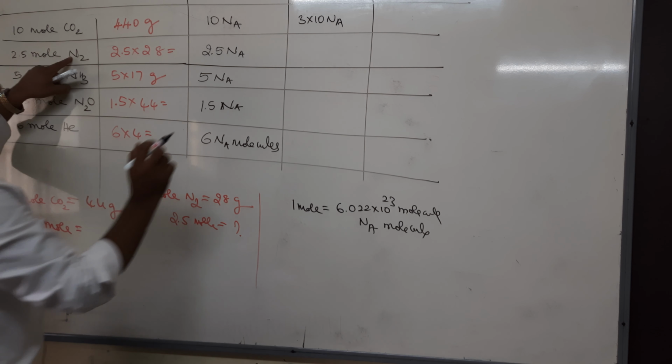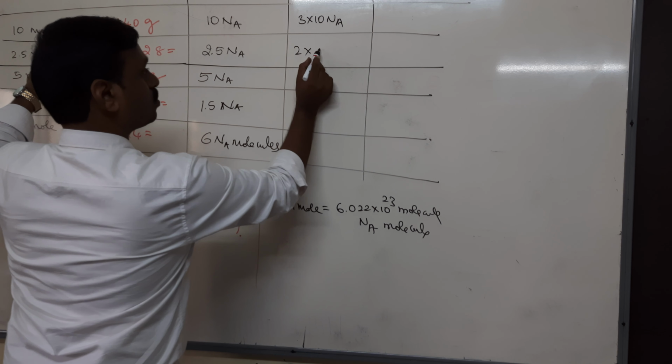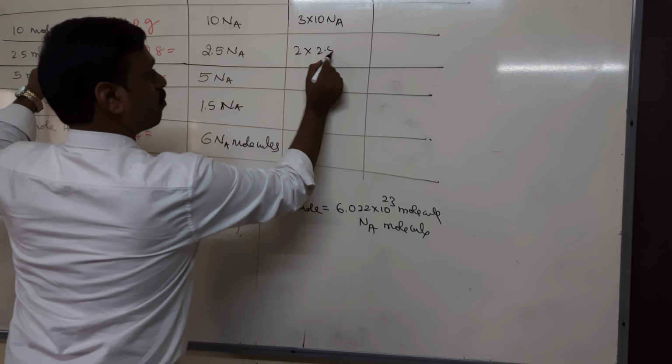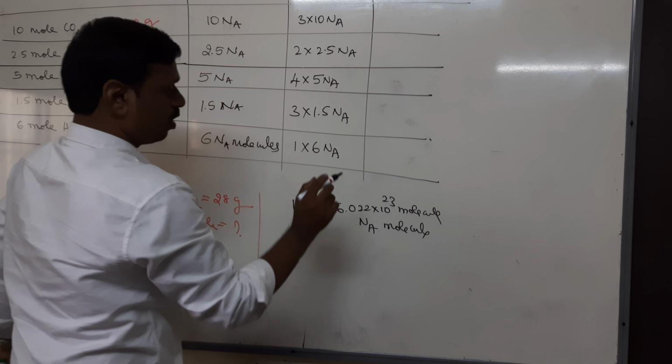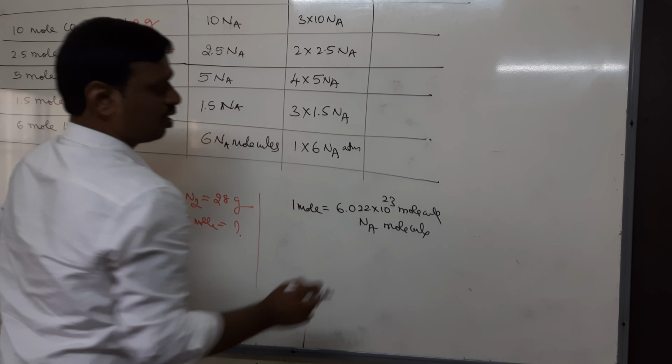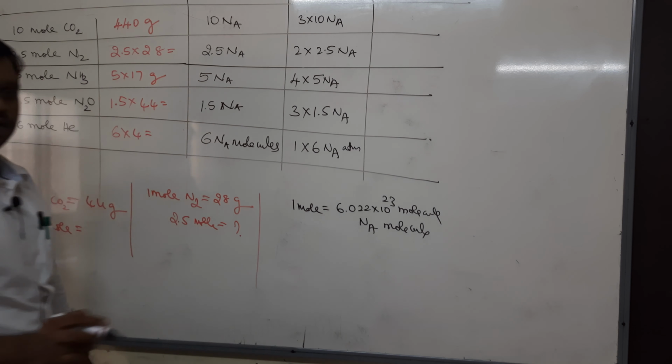Next here 2 into 2.5 into Na atoms. Here 4 into 5 Na. Next it is 3 into 1.5 into Na atoms. The atomicity is 1 into 6 Na. It means helium exists as an atom, therefore its atomicity is 1.